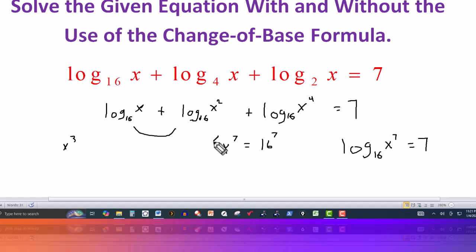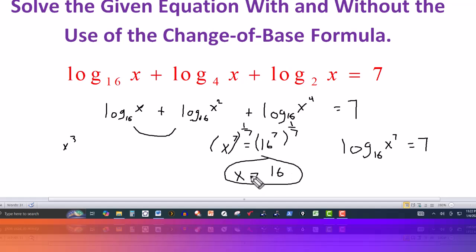Here we take the 7th root on this side and the 7th root on this side. So it's the 7th root of x to the 7th. Of course, it's going to give me x. The 7th root of 16 to the 7th: just multiply the powers. 1/7 times 7 is 1. This comes out to 16.